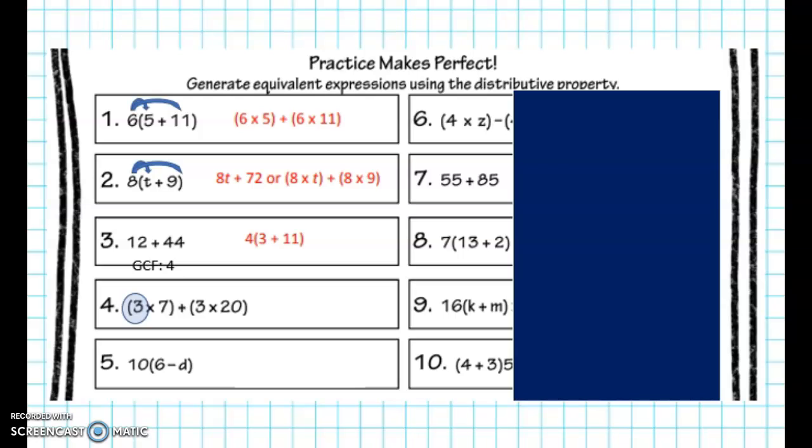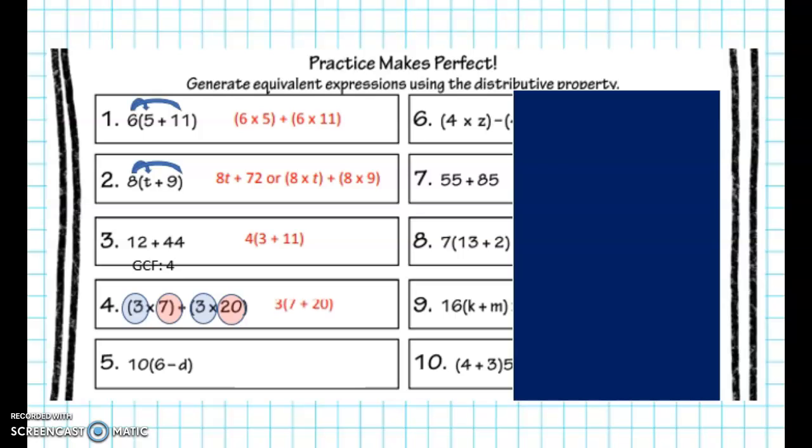Number 4, we have expanded form. So we want to switch it into factored form. Notice the 3 is the same in both parentheses. So we're going to pull the 3 out of the equation and write it outside the parentheses, and then have the 7 plus 20 inside the parentheses.